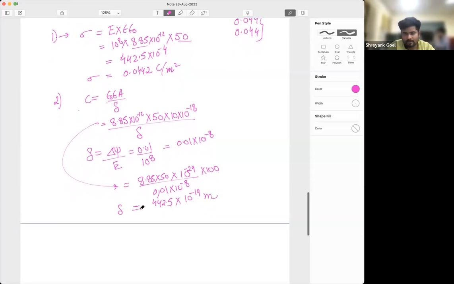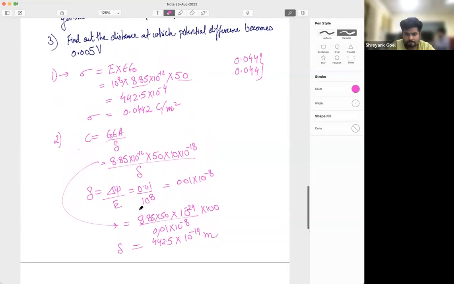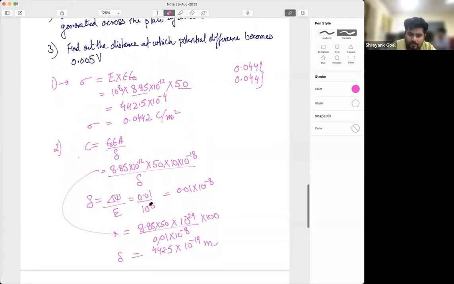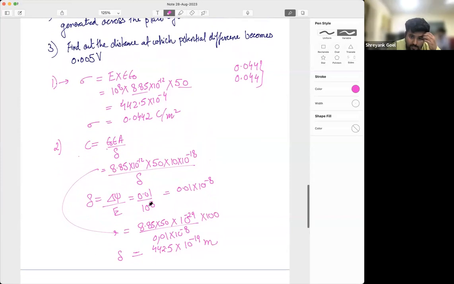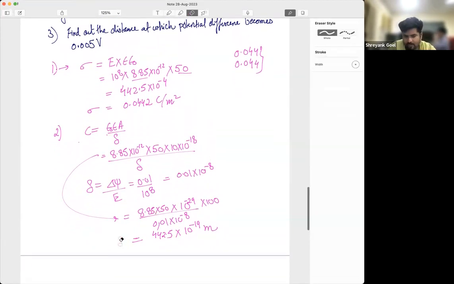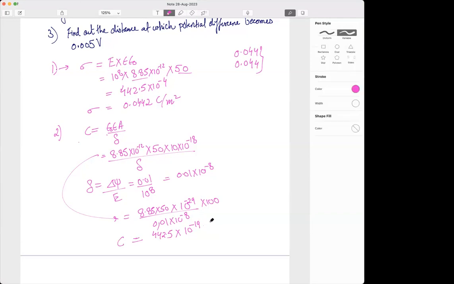However, this is not a realistic number, but can we check if we made any mistake? Delta should be, the area is in nanometer. Yeah, so we are calculating capacitance. Okay, fine. So the unit of capacitance is coulomb.